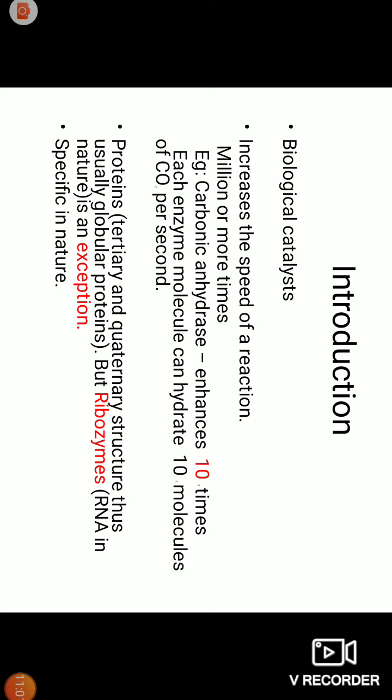That is, an enzyme will catalyze a specific reaction. It cannot act on any of the reactions which are happening in the cell.